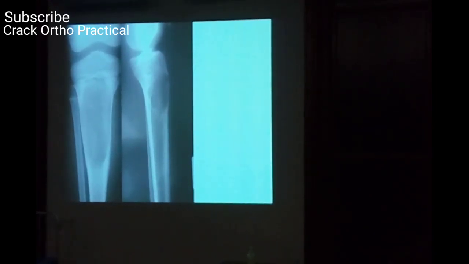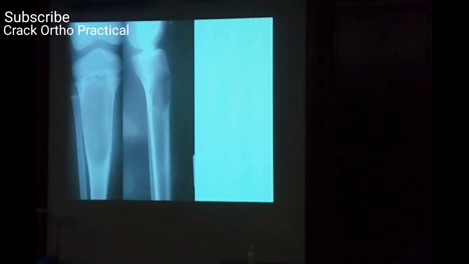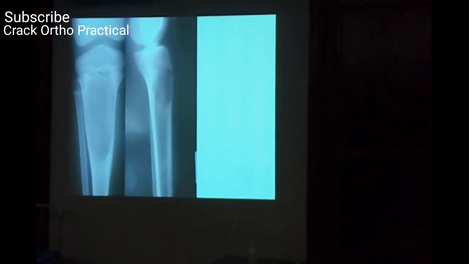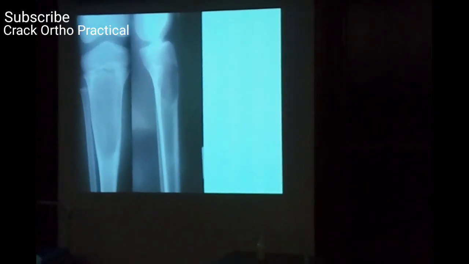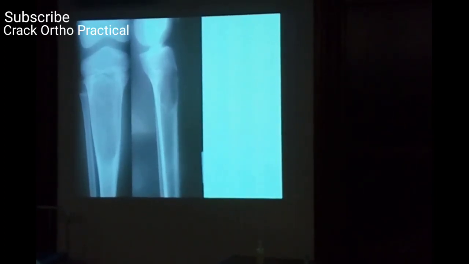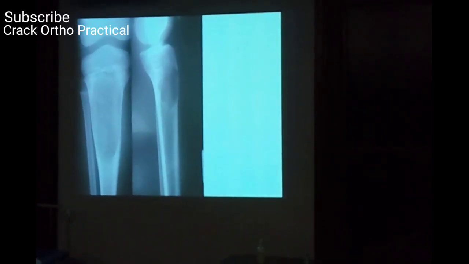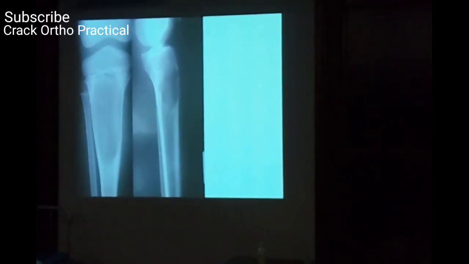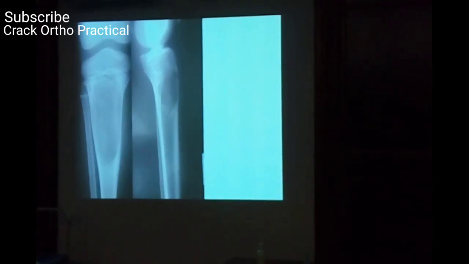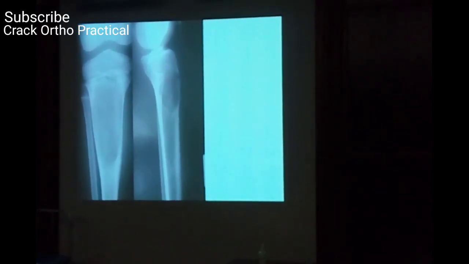Benign tumor. So what kind of benign tumor in a skeletally immature individual with a lytic lesion? You enumerate the possibilities. Bone cyst. Then simple bone cyst and aneurysmal bone cyst. So which one do you think it is? Not simple, because it is eccentric.